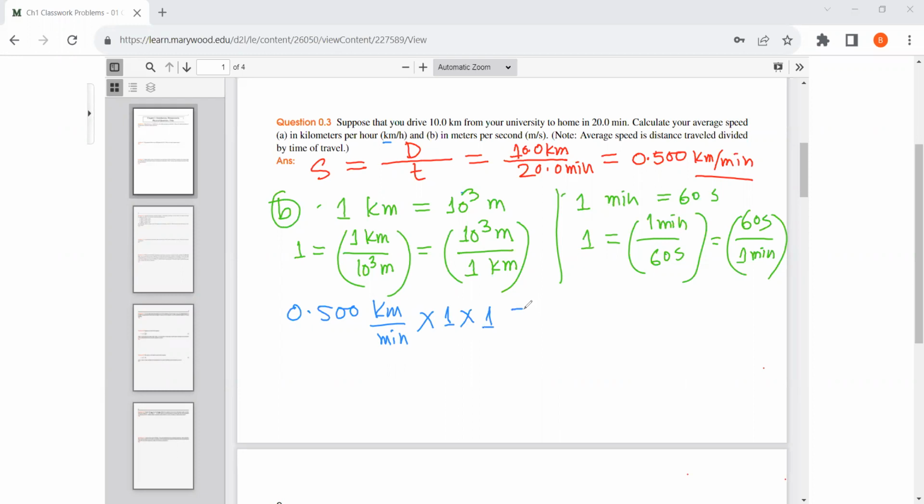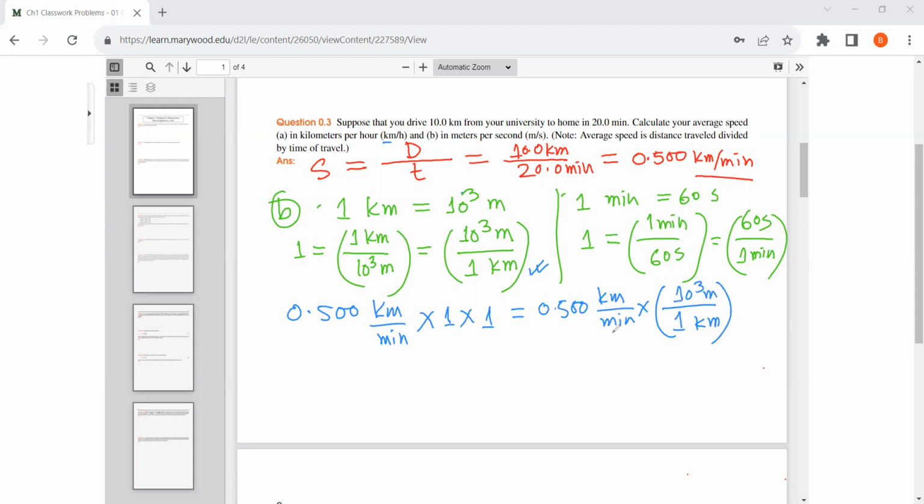So 0.500 kilometer per minute. To cancel kilometer in the numerator, we need kilometer in the denominator, so the correct choice is this one: 10 to the power 3 meter per 1 kilometer.